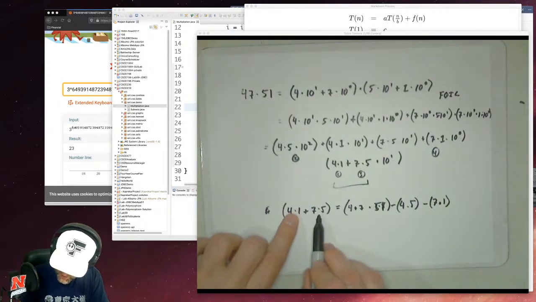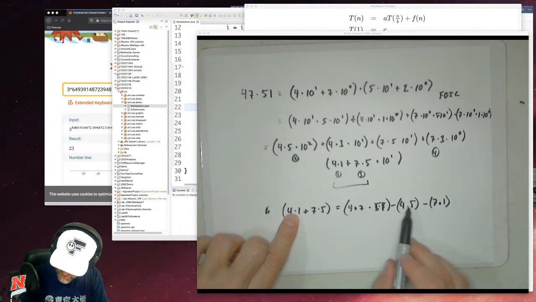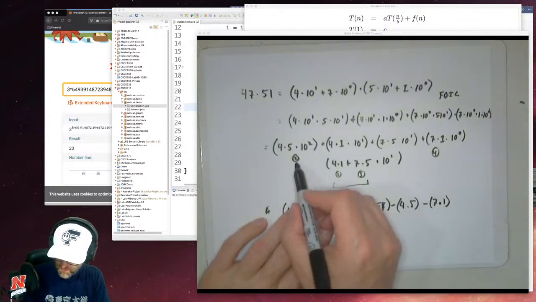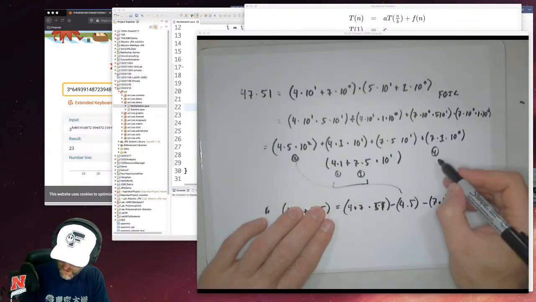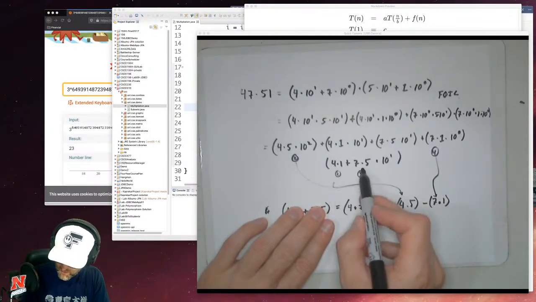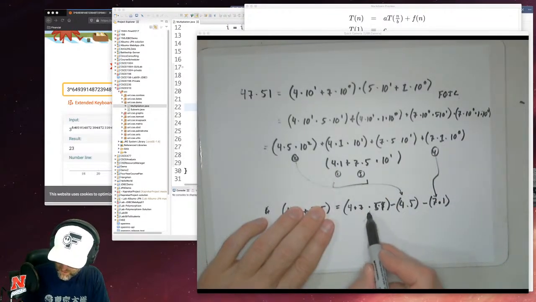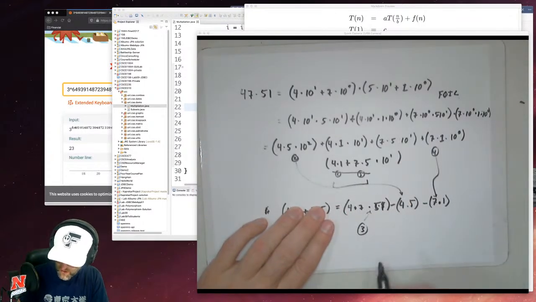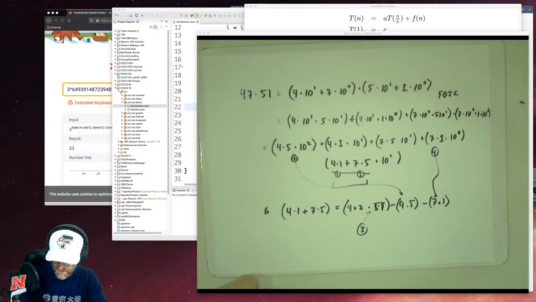So instead of doing 2 multiplications over here, I can do 1, 2, 3 multiplications. So, I've increased my number of multiplications by 1. Nope. I can reuse this multiplication right here, and I can reuse this multiplication right here. And instead of doing 2 multiplications, I only have to do this 1 multiplication right here. So these 2 multiplications go down to just one more multiplication.